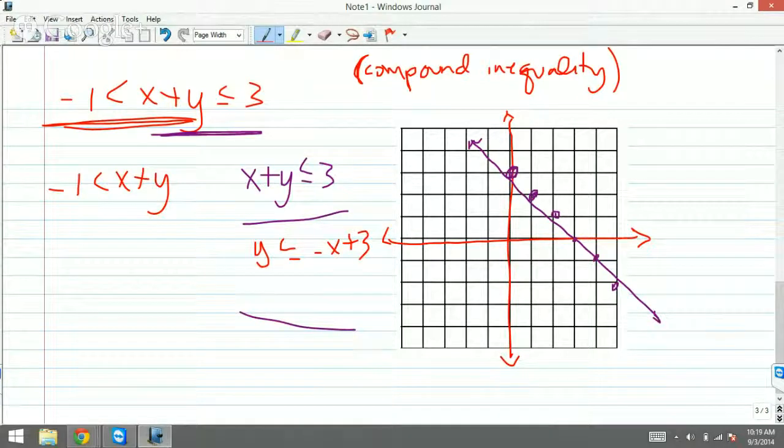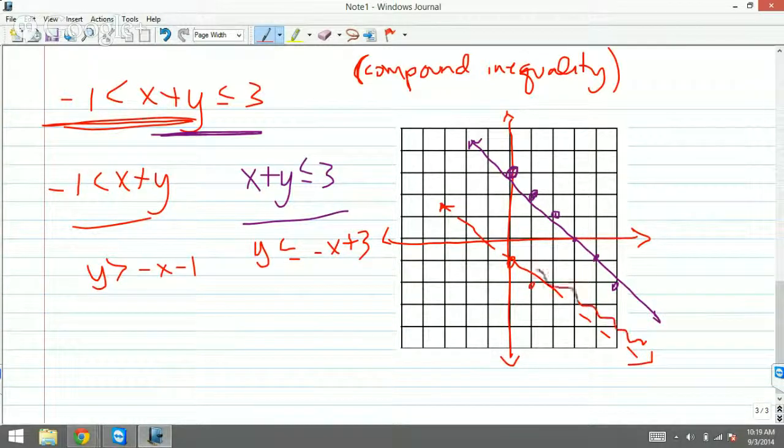Okay, so what about this one, Kaylee? If y is greater than negative x plus 1, and then y-intercept is negative 1, and the slope is negative 1, and then if you dash, shade above or below?